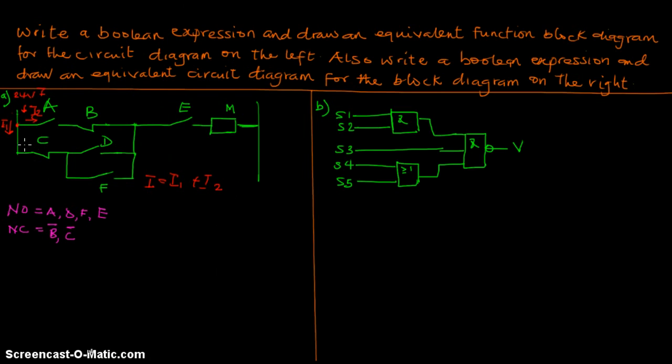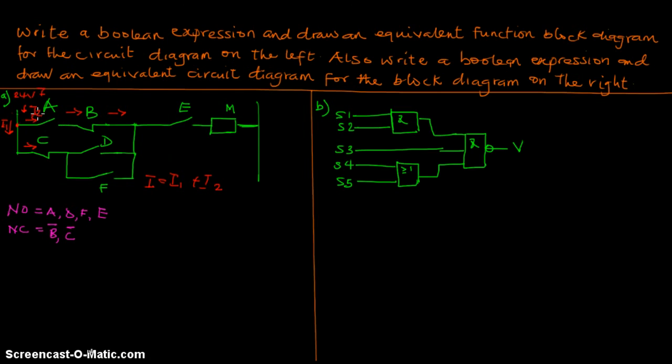Now I1 gets to this point and continues to this point, passing through C. But the same I2 flows through B here and even passes to this point. Now, the way to identify a series connection is when you have the same current passing through more than two elements.